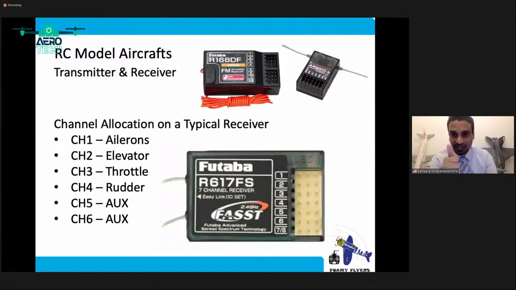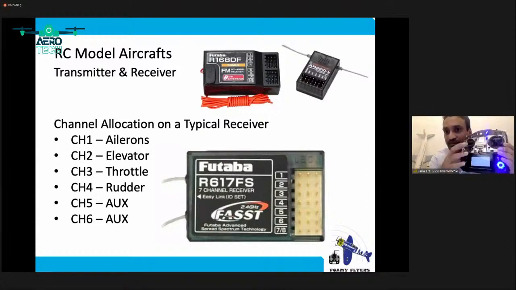And that's the first thing you need to know: you need to turn on your radio, the transmitter, first, before you turn on your aircraft. And you need to check all your control surfaces and control switches. For example, if I left the throttle up and then turn it on, this radio has fail-safe systems, so it'll give me a blink and say that the thrust lever is up.